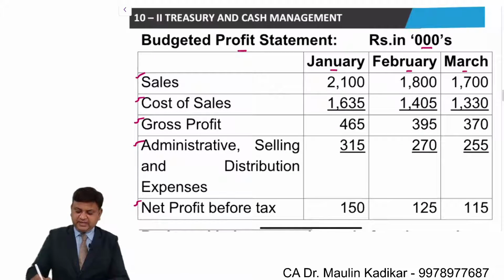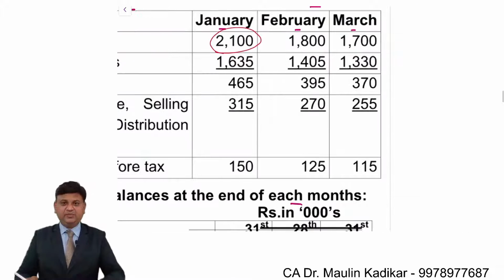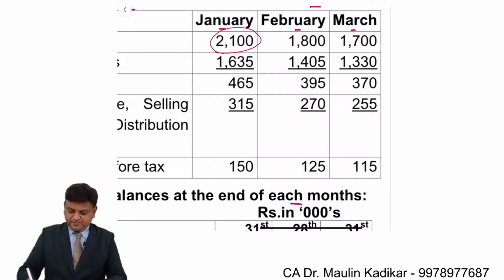The question is providing that in the month of January, there is a sales of 2100 and the closing is 2600. You may understand that by visualizing the debtors account. Opening is 2570, sales is 2100, and the closing is 2600.